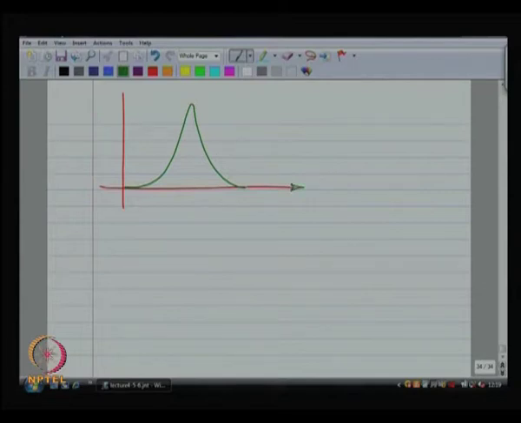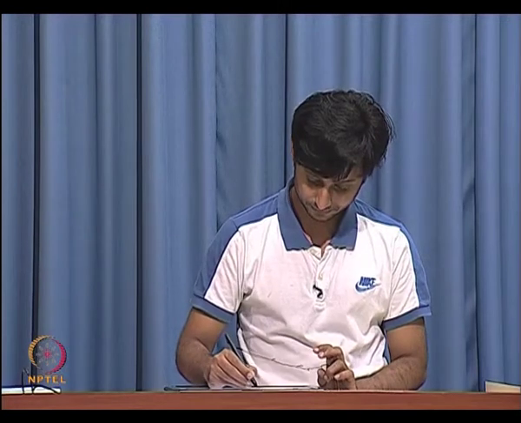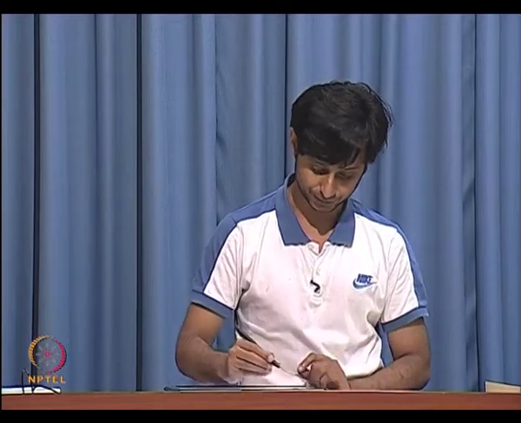This is my frequency axis, this is Z n. This is what you were getting with an L match. With a pi match, you can make the Q sharper. You can't make it broader, unfortunately.